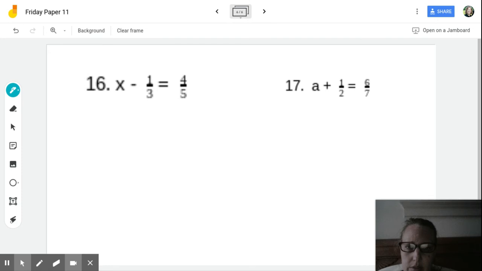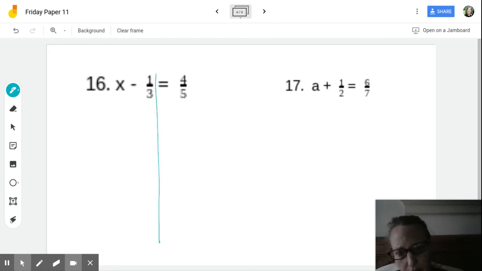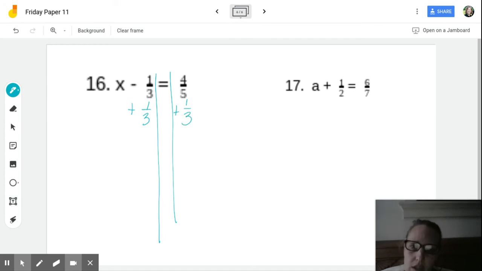All right, we have some equations here, but they have rationals. Rational, ratio, it's a fraction, right? We're going to use the same rules that we were using today when we were talking about solving equations using integers. I'm going to use my inverse operations.